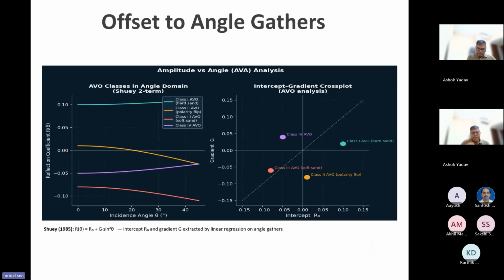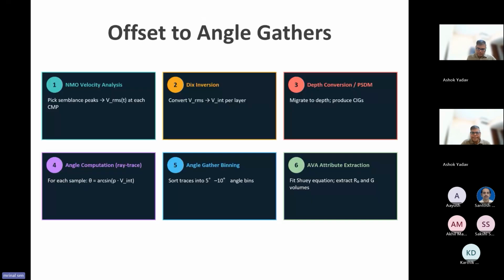So this is a typical case of how one goes about doing AVO analysis for different classes of AVO, and you can plot those in intercept-gradient. And again, this is something I'm sure you know much better than I do because you have been doing this regularly, but these are some of the reasons why you want to look into angle domain gathers.